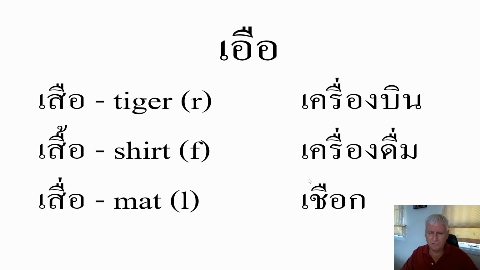And final example, we haven't done this consonant yet. This one's called cho chang, and sometimes in Thai it makes a CH sound, and sometimes it makes an SH sound. I said before that Thai was a lot more consistent than English, but there are a few inconsistencies.